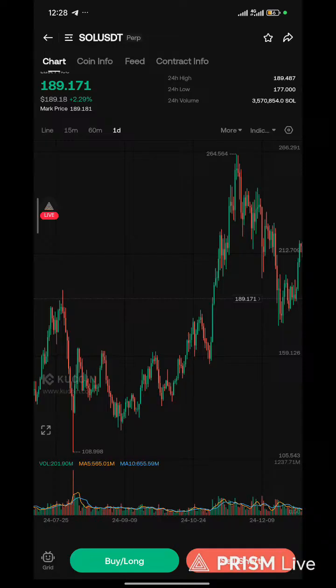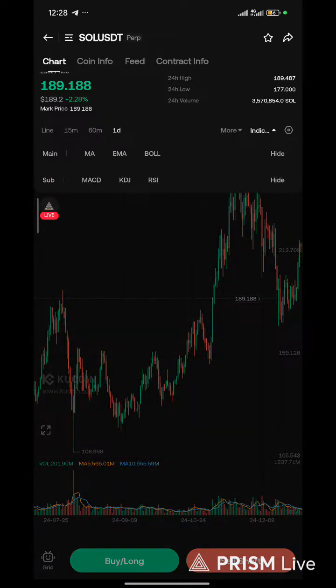You also have a lot of tools here, indicators. You have the MACD.